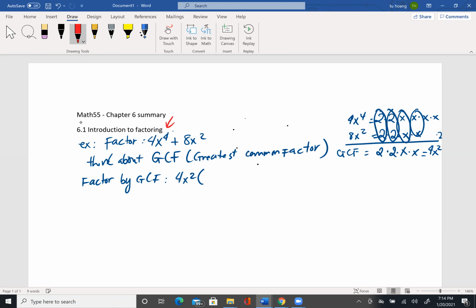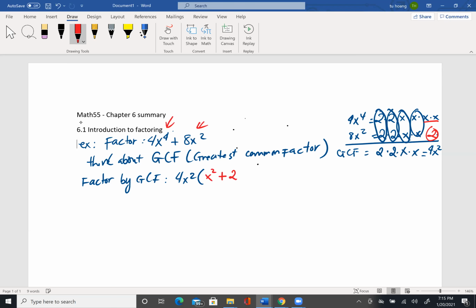If you want to factor 4x squared out from this term, so the first term, if you factor out 4x squared, what are you left with? x times x, which is x squared. And then what about the second term, 8x squared? What are you left with? Number 2 over here. Because that is positive 2, you will add 2.